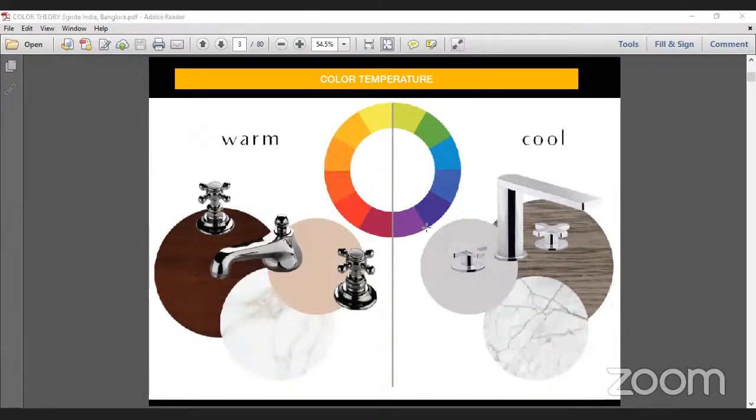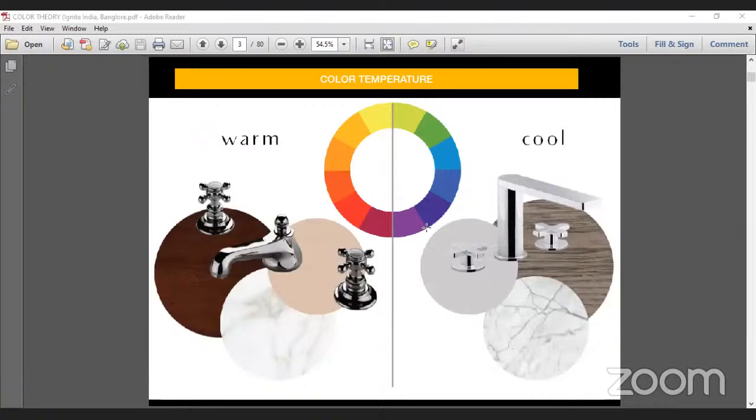Okay, so you have the color wheel. The color wheel is exactly oriented like this. Once you look at how these things are arranged, you see that on your left hand side you have quite a great variety of colors.